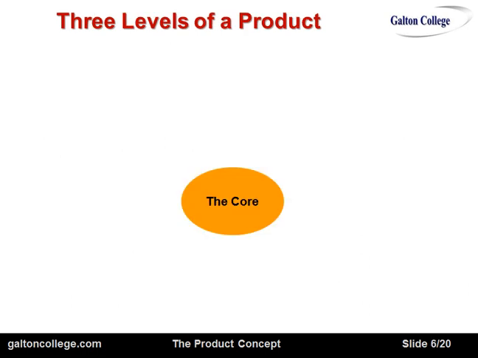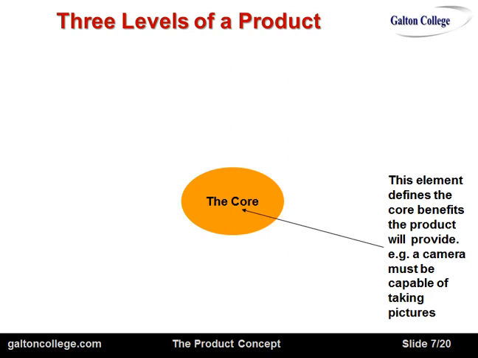So the three levels of a product. We'll start with the core. This element defines the core benefits. It's what benefits the product will provide. It's the most important feature of what the product will provide. For example, a camera must be capable of taking pictures.